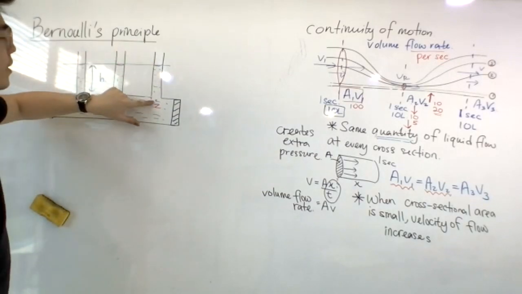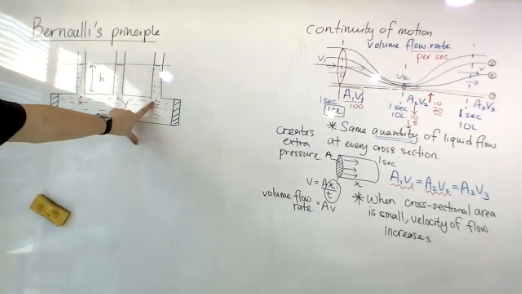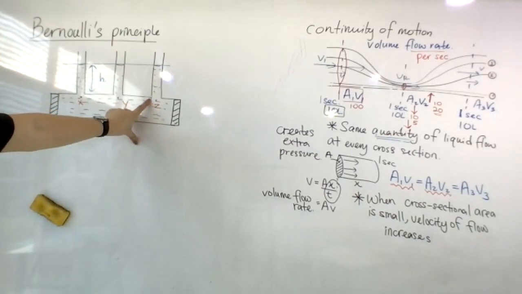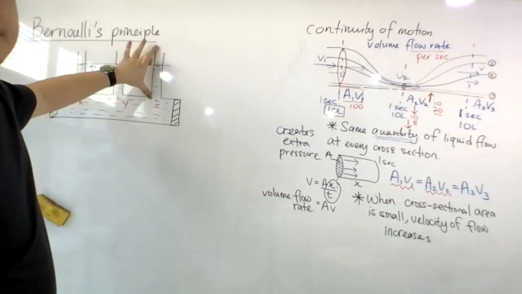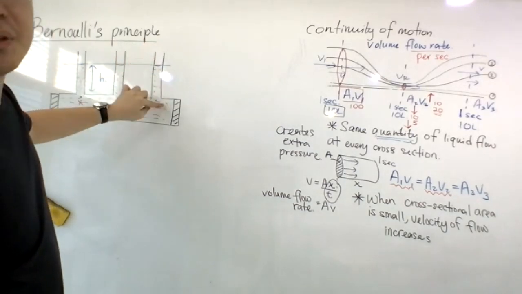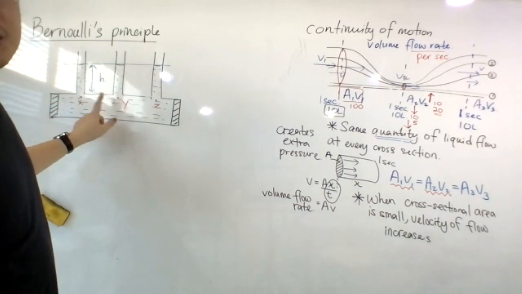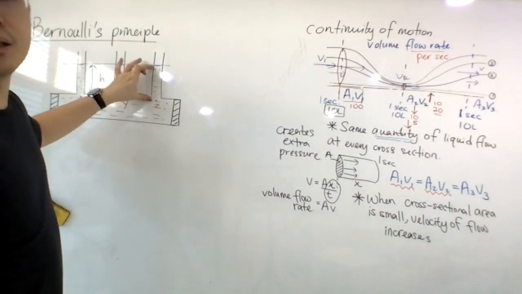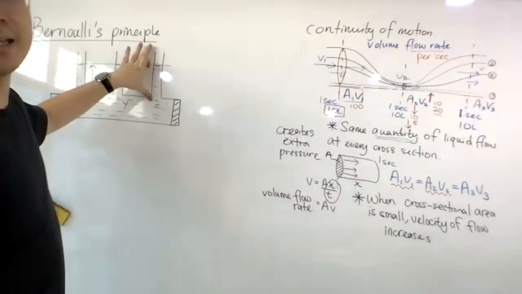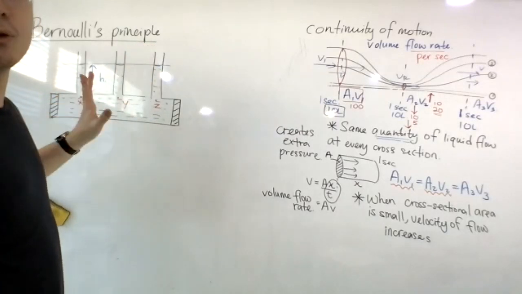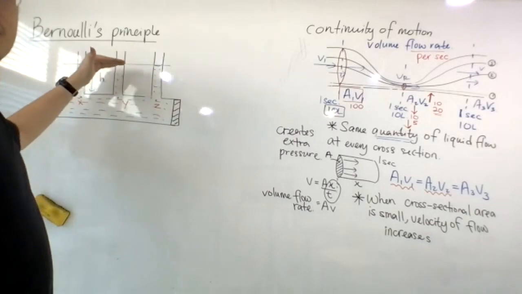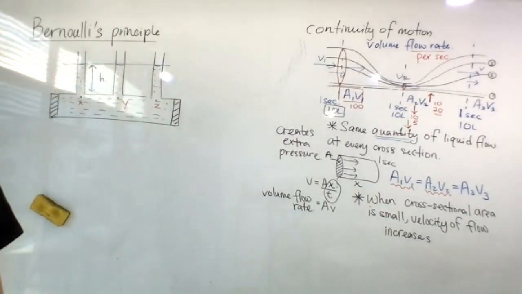If one side is larger than the other, let's say if this is larger, then what happens is that it will push the water higher. If the pressure here is larger than the pressure here and here, then the water will be pushed higher. So since the pressure here, here, and here are equal, the height will be the same.